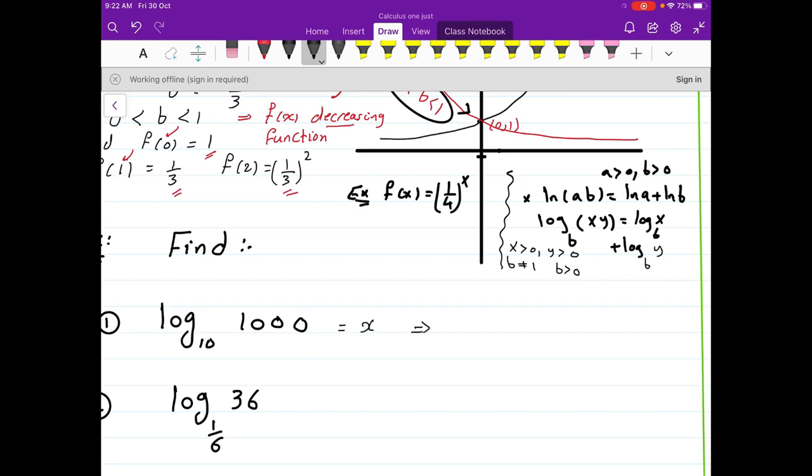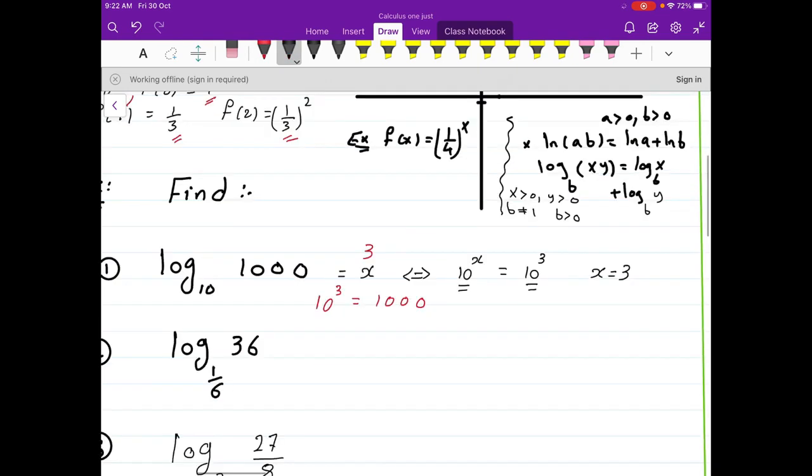By the definition of the logarithmic function, 10 to the power x equals 1000, which is 10 cubed. The bases are equal, that means x equals 3. Now we find the answer 3. What does it mean, log 1000 for the base 10 equals 3? This means 10 to the power 3 equals 1000.